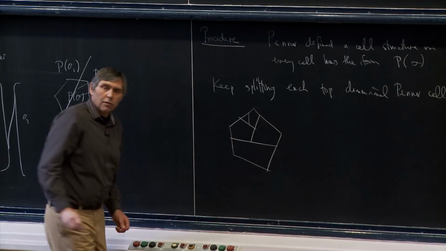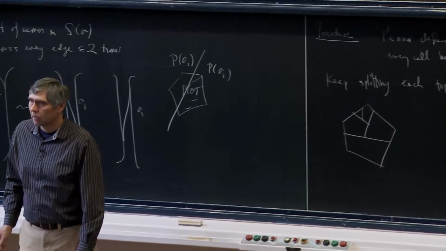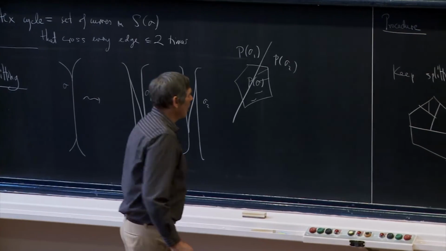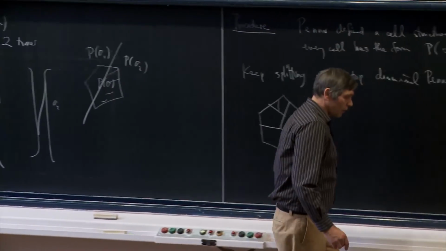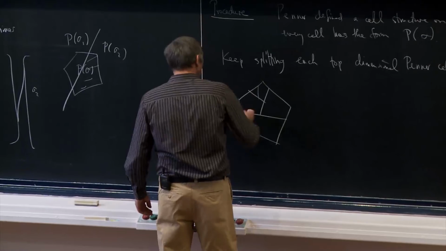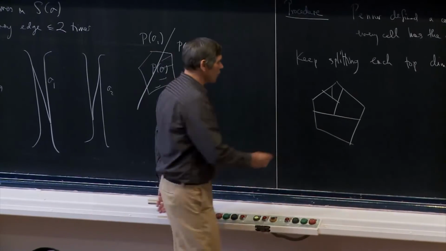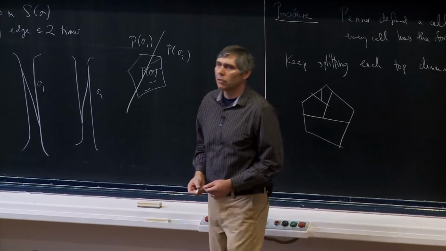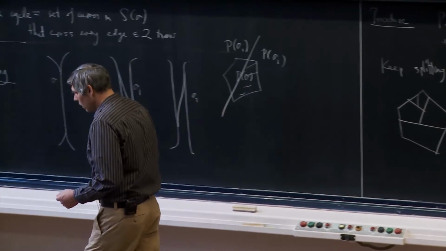In fact, notice that some cells will have to be subdivided infinitely often. It will never end for some cells because there are certainly short curves somewhere. That short curve is going to cause the visual size of that cell to be big.